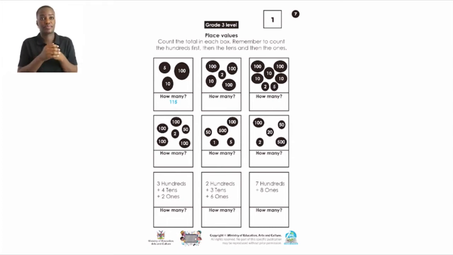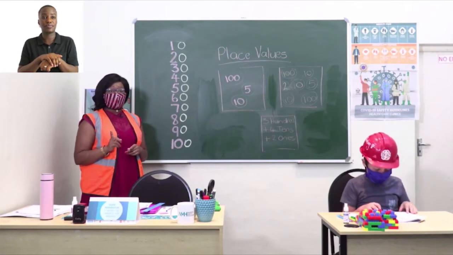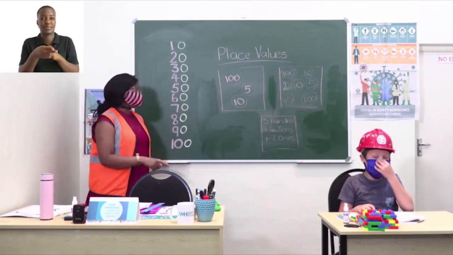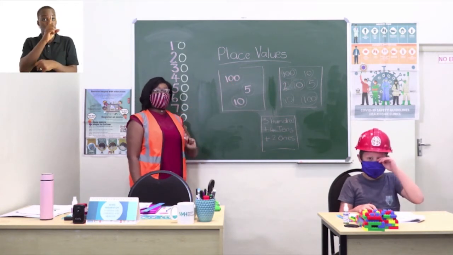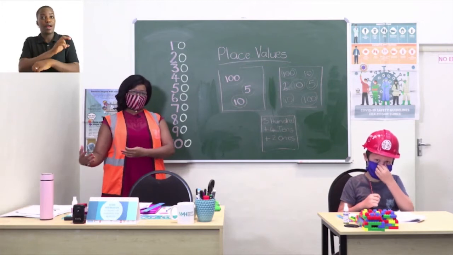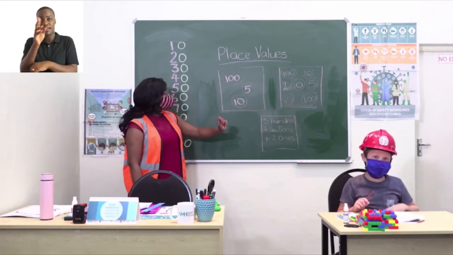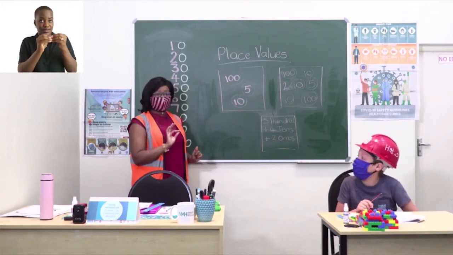You can see that they started with hundreds. Let's take a look at the board so that we can see if they got the same answer and if we are going to get the same answer as well. There is 100. Remember, we start with hundreds, then tens, then ones. So we are only going to concentrate on the first digit of every number.